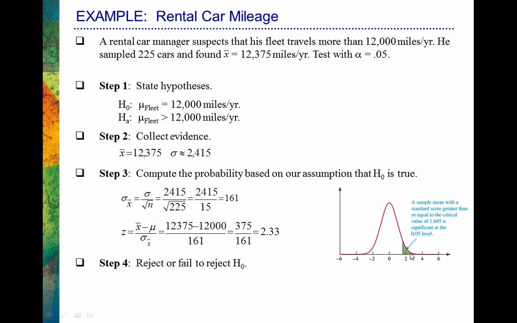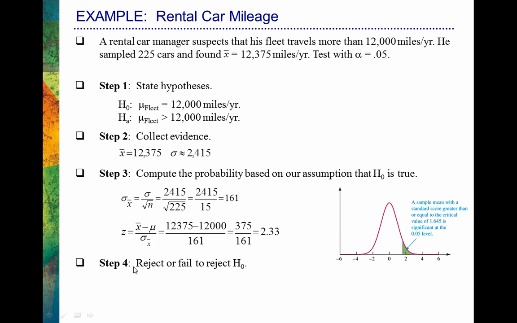Well, that meets our cutoff point. We're using an alpha of 0.05. So that is rare enough that it casts doubt on this null hypothesis. We have enough evidence to reject it and conclude that the alternative is more likely to be correct, that the population mean number of miles driven for the fleet is greater than 12,000.